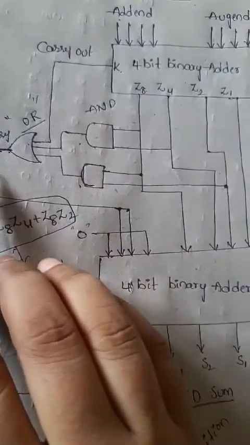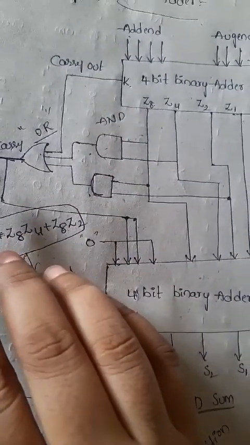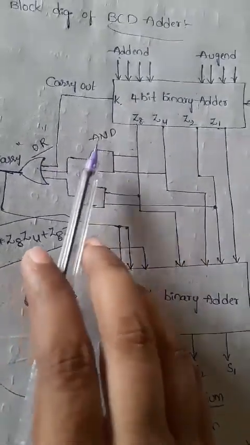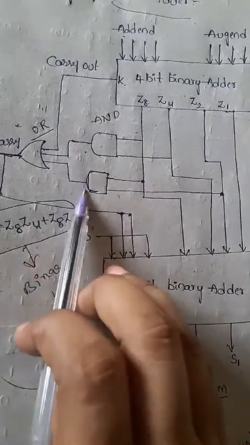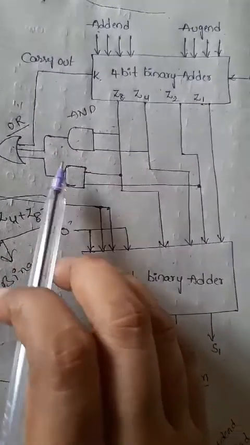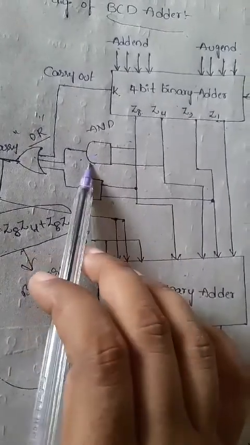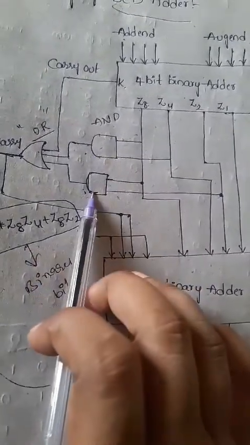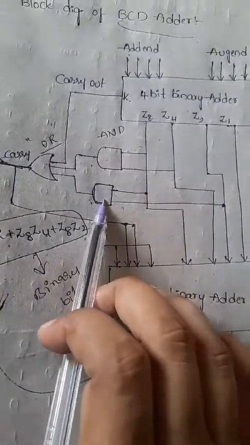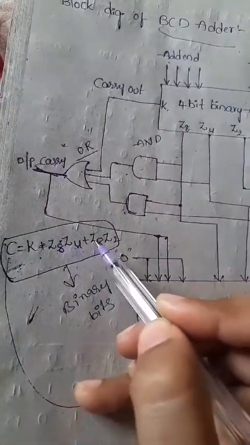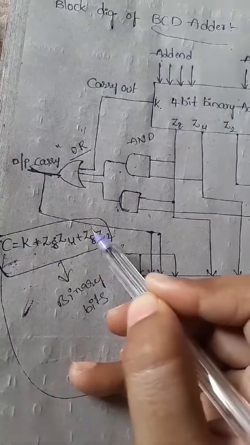So here we make use of two kinds of gates, one OR gate and another AND gate. For this AND gate we are using two more gates. What is the use of the OR gate? That is addition. And what is the use of the AND gate? That is multiplication. So why are we choosing AND gates here? Between Z8 and Z4 we have the dot product, and between Z8 and Z2 we also have the dot product.